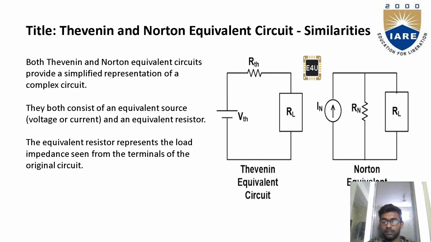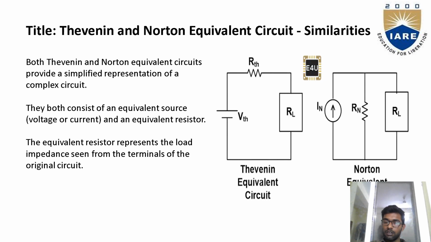Here are the two circuits we see. This is the one with Thevenin's resistance, Thevenin's voltage and load. This shows Thevenin's equivalent circuit, and here the current is towards Norton's resistance and load.